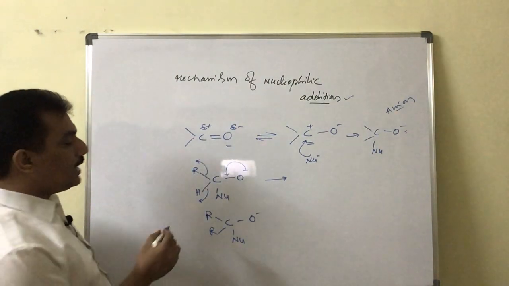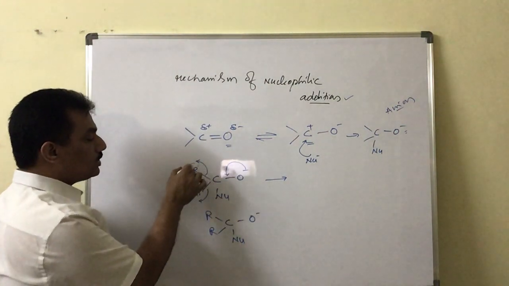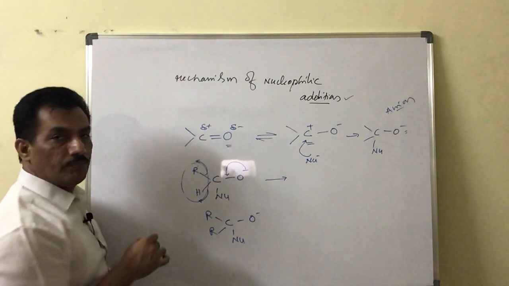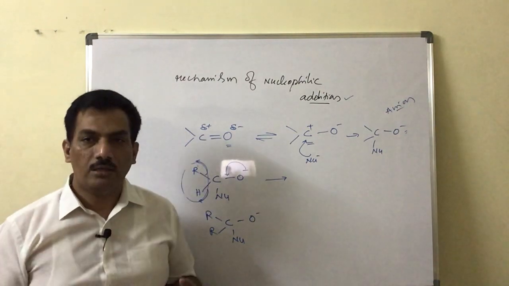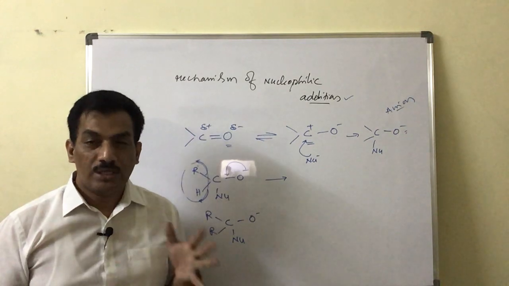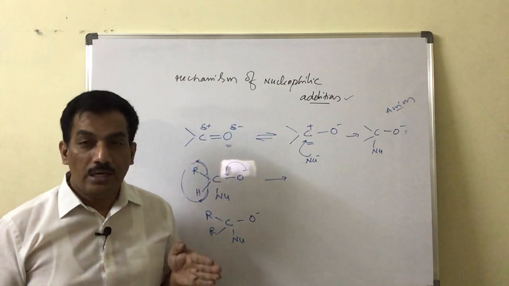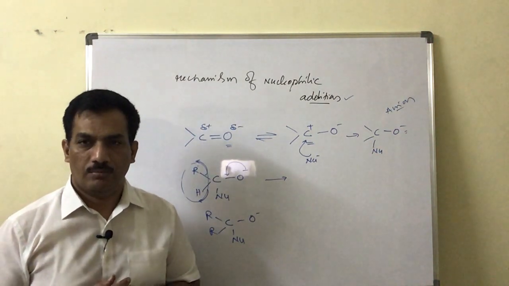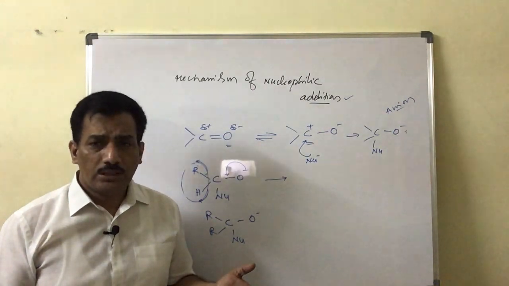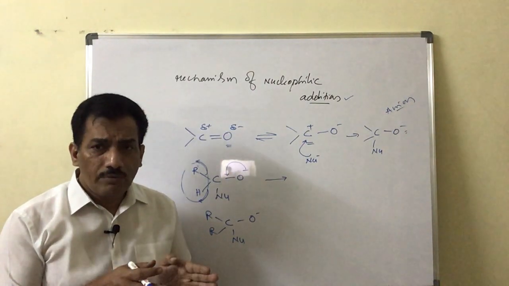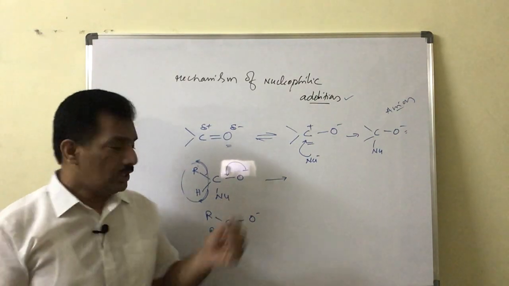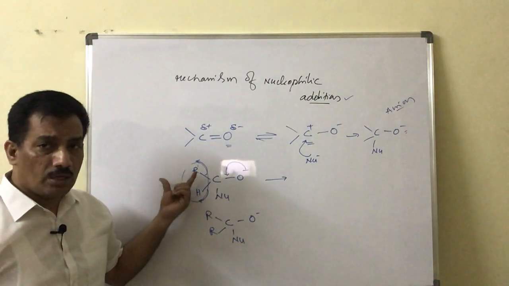But these are strong bases. Already in GOC we learned that strong basic strength is also related to strong nucleophilicity. And a strong nucleophile can replace a weak nucleophile, but a weak nucleophile can't replace a strong nucleophile.